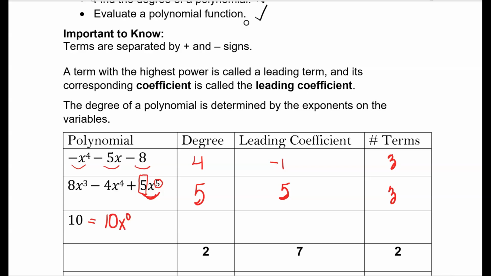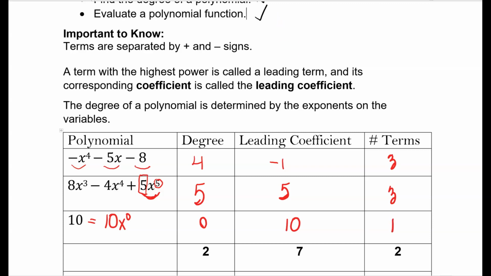We already know that x to the 0 equals 1, so 10 times 1 is 10. Therefore, our degree is 0, because 10 is equivalent to 10x to the 0, and the exponent we see here is 0. We're going to say 10 is our leading coefficient, is our constant, and we only have one term.